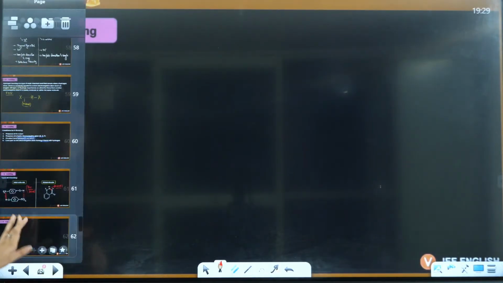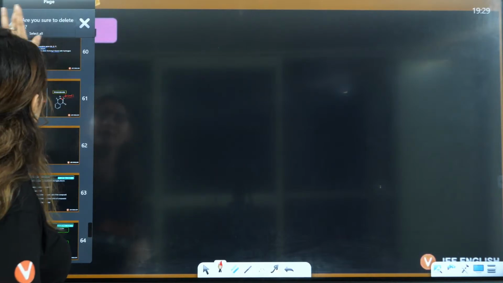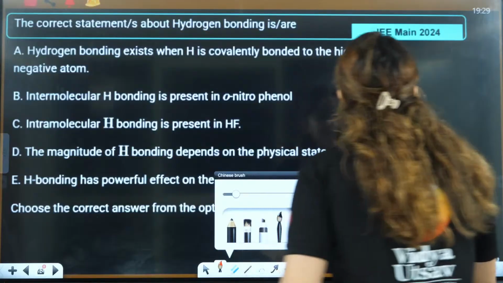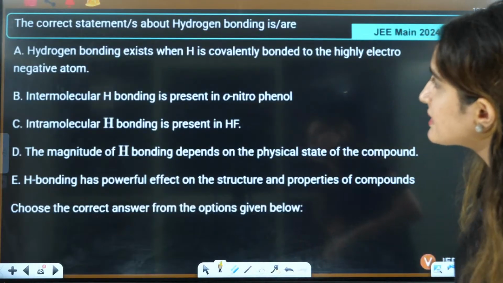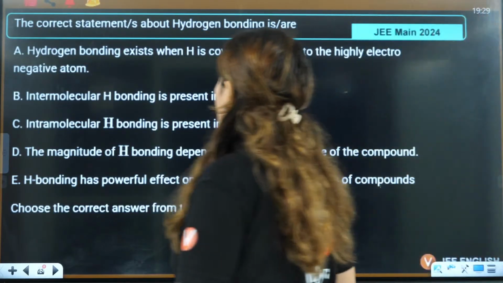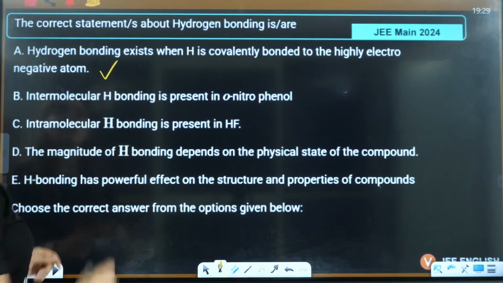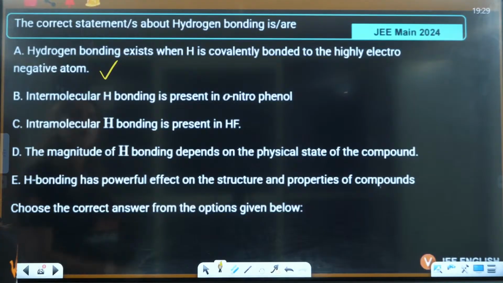Okay, and that's it. Now let's see some questions based on this. The question is, the correct statements about hydrogen bonding are what? Hydrogen bonding exists when hydrogen is covalently bonded to a highly electronegative element. Yes. Intramolecular is present in ortho.